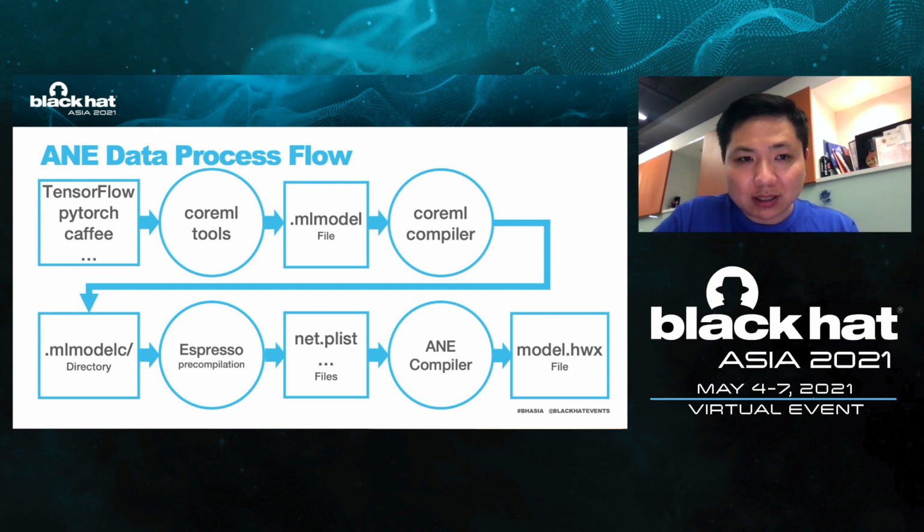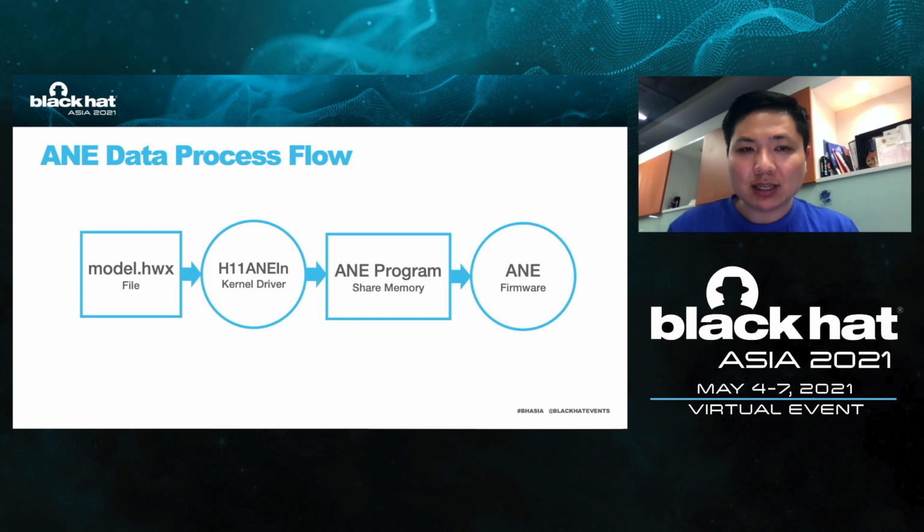Some files under the mlmodelc folder will be provided to the Espresso precompiler for processing to generate another batch of files, including the net.plist file. The ANE compiler will compile the net.plist and other files to model.hwx file. The model.hwx file will be loaded by the kernel driver.